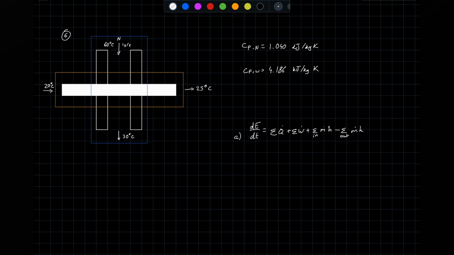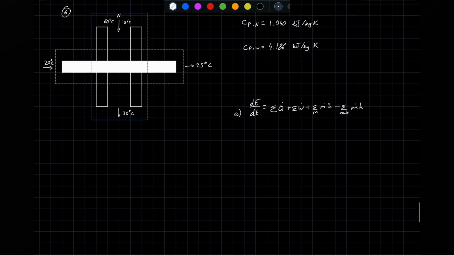And like I said, the easiest way to approach this is with the enthalpies. So the enthalpy of the nitrogen should be equal to the enthalpy of the water. Well, the change in enthalpy, at least. So let's go ahead and write that. The change in enthalpy for the nitrogen should be equal to the change in enthalpy of the water. Why is that?